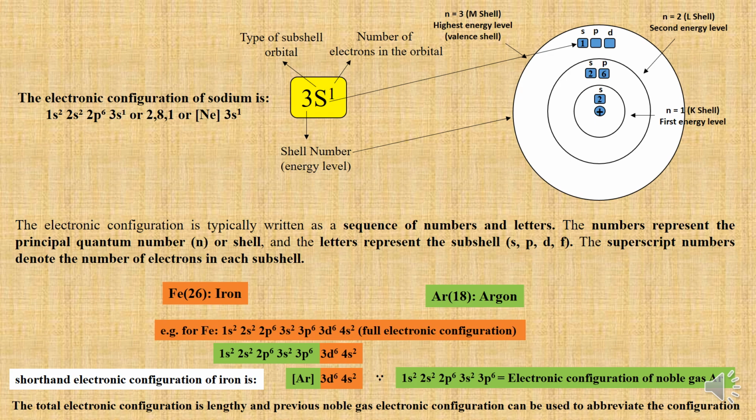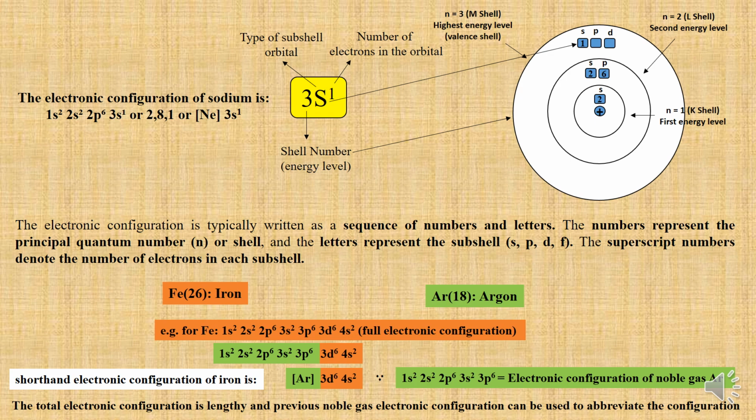So in case of elements with higher atomic number, the total electronic configuration will be lengthy, and to avoid this, you can use the previous noble gas electronic configuration to abbreviate the configuration.